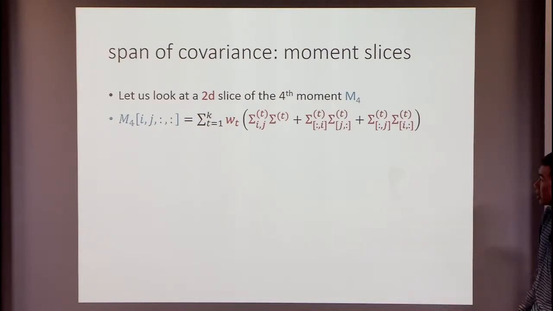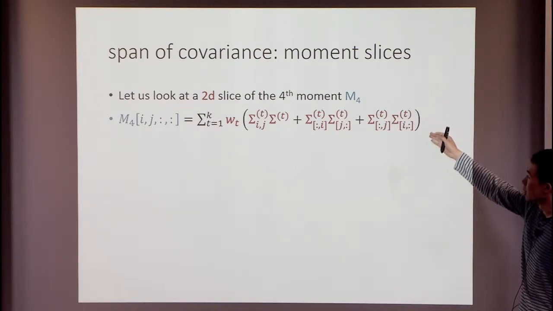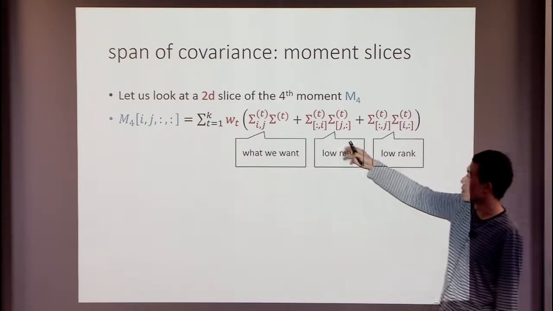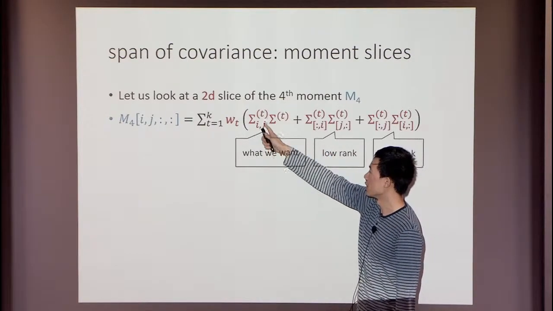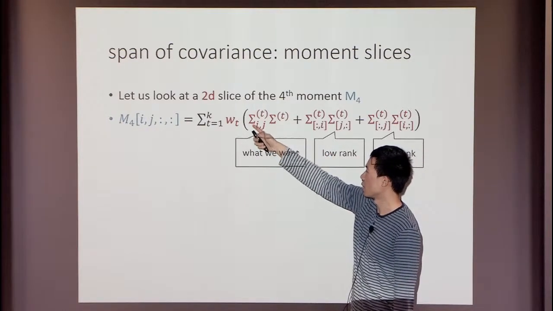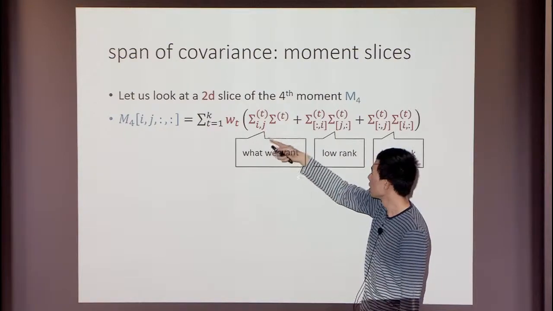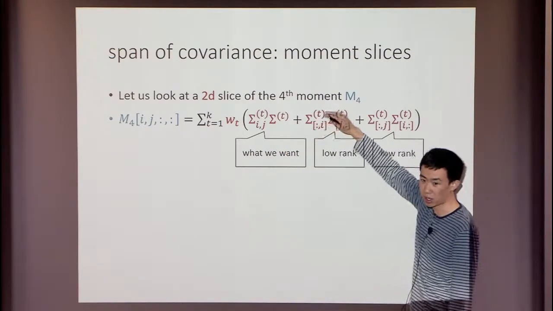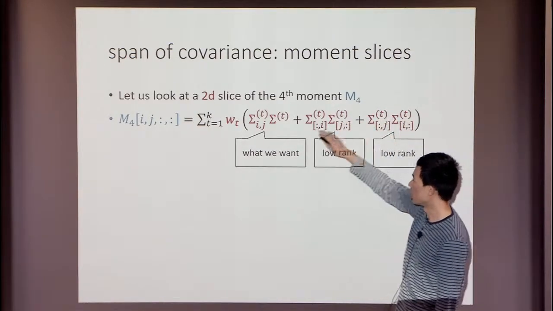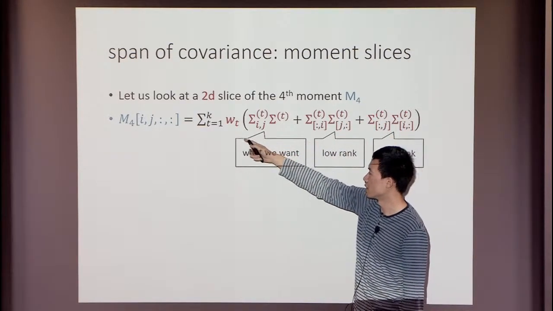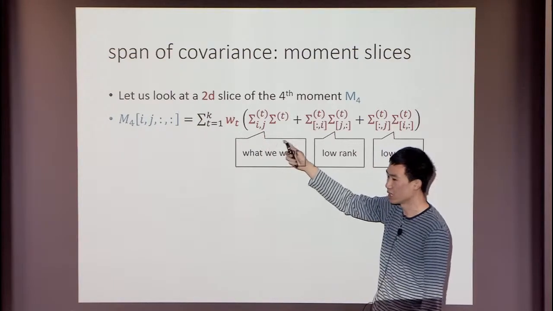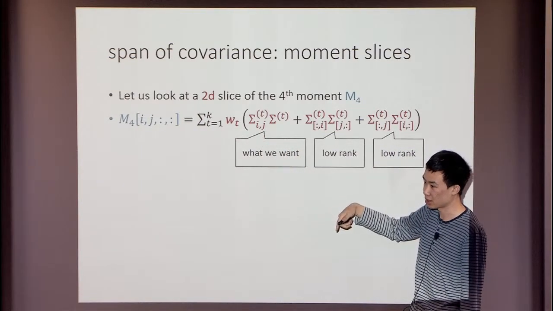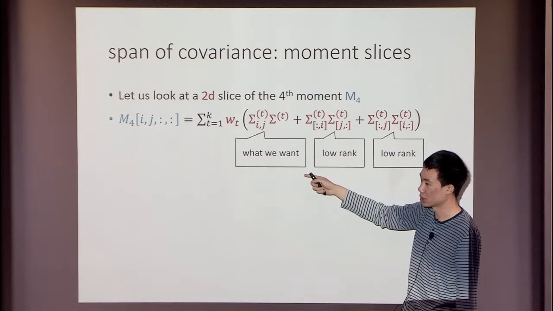And now let's take a closer look. So what is this matrix? The first term is actually very nice, right? It's a number, the sigma ij, times this sigma matrix. So if there are no other terms, only this term, then this matrix will be in the span of the covariance matrices. And that is what we want.